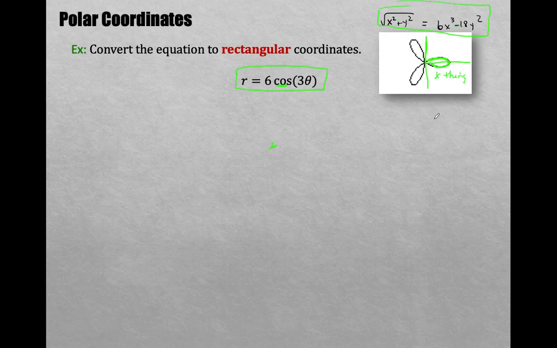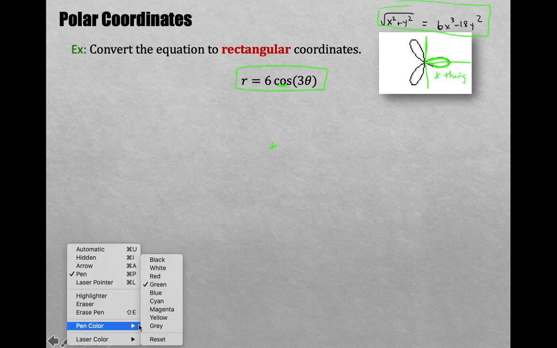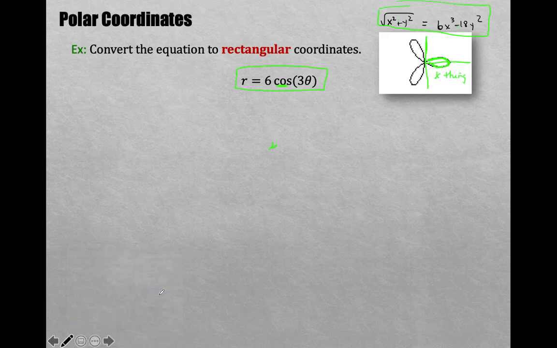Now again, let's talk about not the rectangular form of this equation. I just want to talk about what, if I stretch this out, y is equal to 6 cosine 3x, what that looks like.